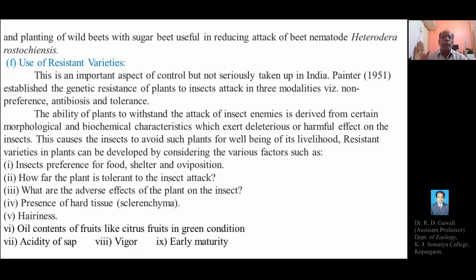Painter in 1951 established the genetic resistance of plants to insect attack in three modalities, or three criteria or conditions which determine whether the insect pest will attack or infest the particular crop. These modalities are non-preference, antibiosis, and tolerance. Tolerance means the tolerance of the plant. Antibiosis means ultimately the pest population will not build up on the particular crop.